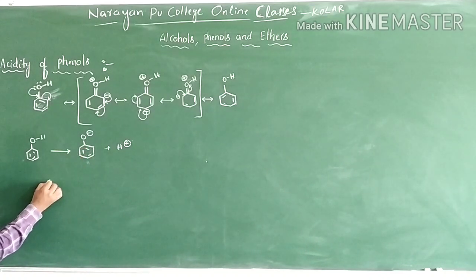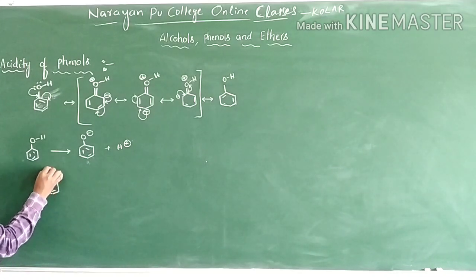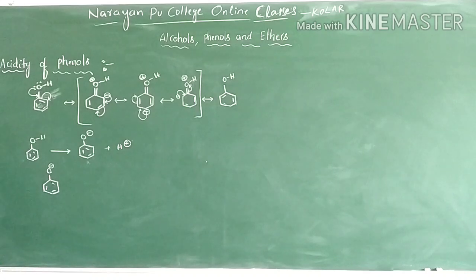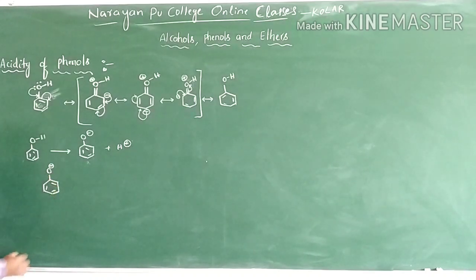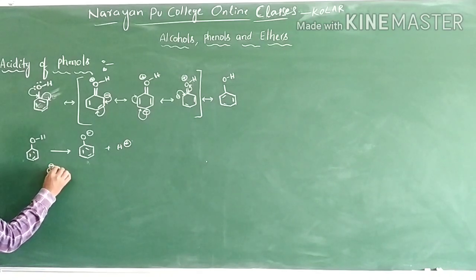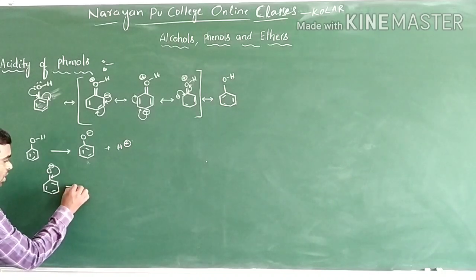The negative charge will be present on the oxygen atom. The negative charge and the double bond are separated by a single bond, a conjugation, so it is involved in resonance. The lone pair electrons convert into a bond pair, forming a double bond, and the bond pair electrons are converted into a lone pair on the carbon. So what will you get here?